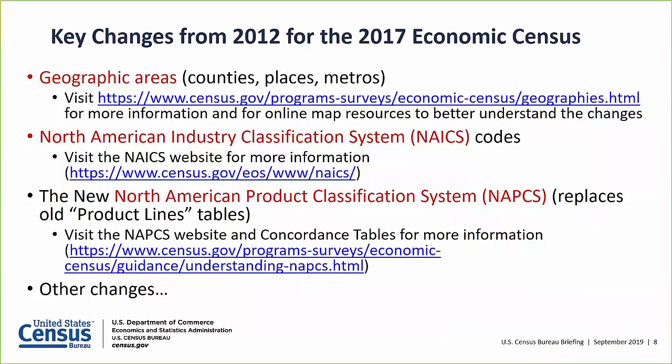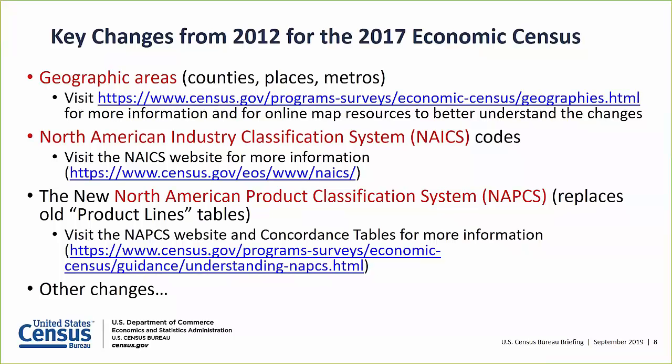When you're accessing data in data.census.gov, currently, you're going to be using that data on the 2012 NAICS basis. When we start releasing data for the First Look report, you'll be seeing data on the 2017 NAICS vintage basis. And there are some changes, some industry classification consolidations, some split outs, and some sort of many-to-many types of changes.